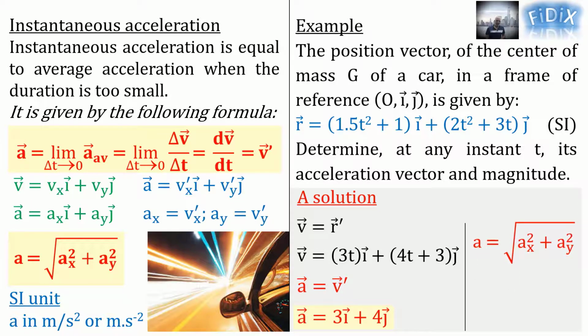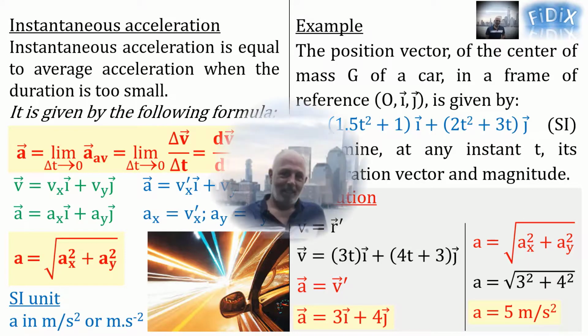For the magnitude of the acceleration, we apply the formula a equals square root of ax squared plus ay squared. Calculate and get the answer a equals 5 meters per second squared.